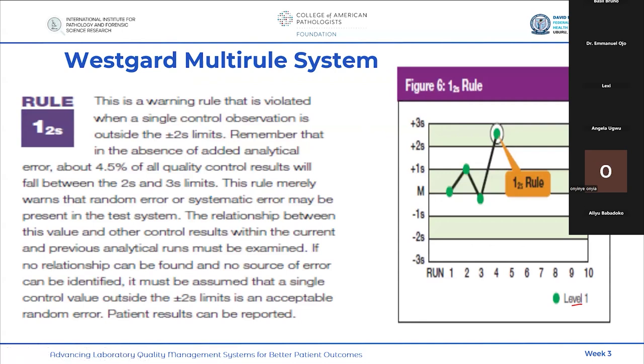So let's quickly look at a few examples. I have the first one that talks about 1-2S rule. I won't go through this, but let's just explain this because a picture explains better. So if you come here, based on what I explained earlier, this is the mean, this is minus 1SD, plus 1SD, plus 2SD. This is control for run 1. It could be day 1, control for run 2.